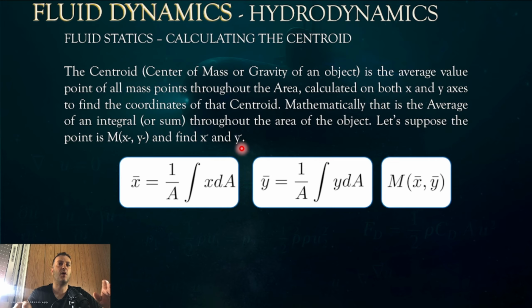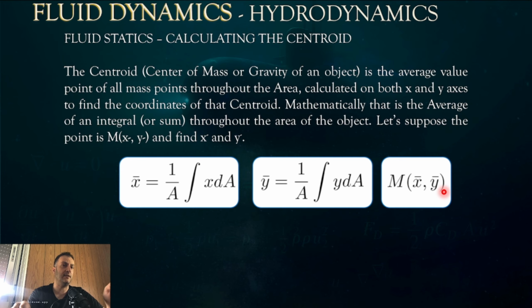Let's find x bar and y bar, the central x coordinate and the central y coordinate for that center of gravity. x bar equals 1 divided by A, the entire area, times the integral of x dA. y bar, the same thing, 1 over A times the integral of y dA. So M has the coordinates x bar, y bar.